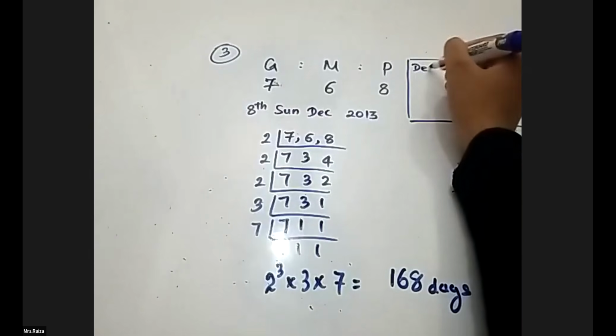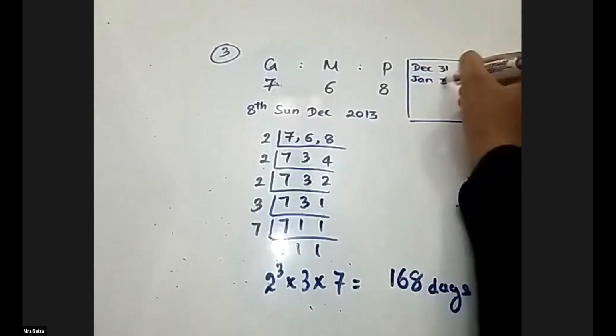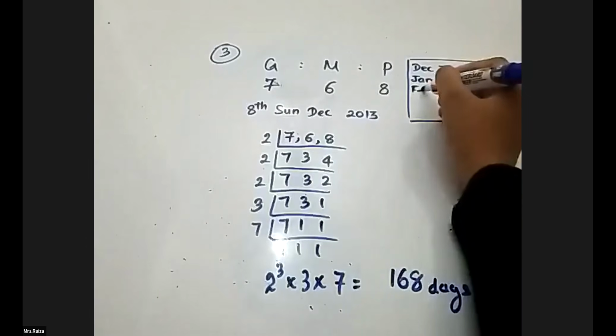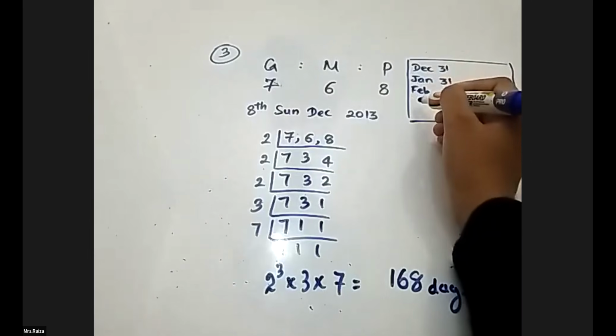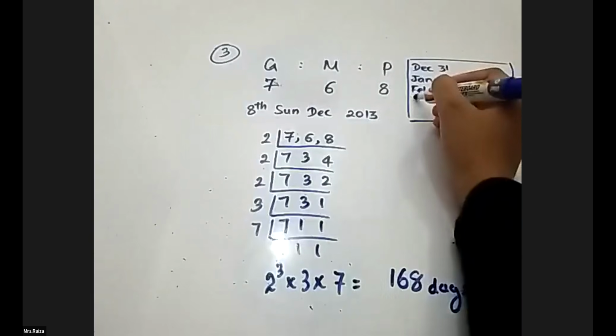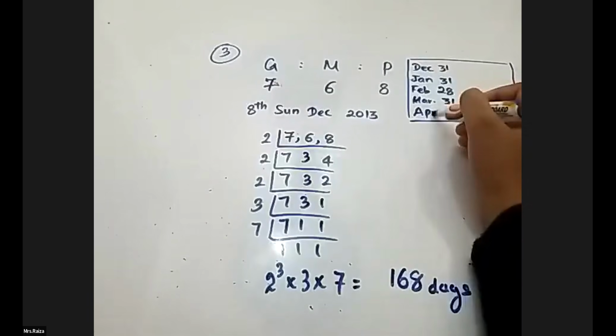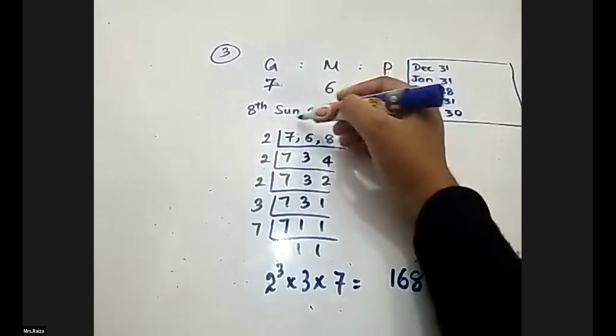December has how many days? 31 days. January has how many days? 31. February, 2014 is not a leap year, so 28 days. March, how many days? 31. And we'll take April also, 30. Now, this is December 8th.